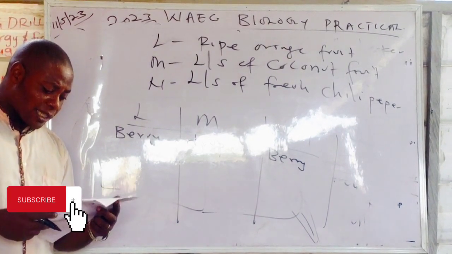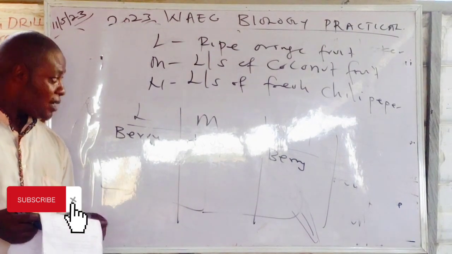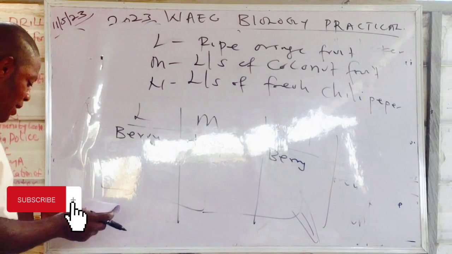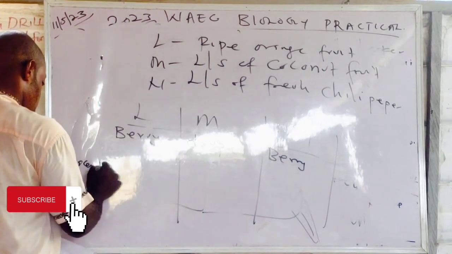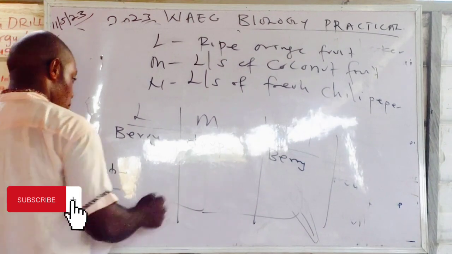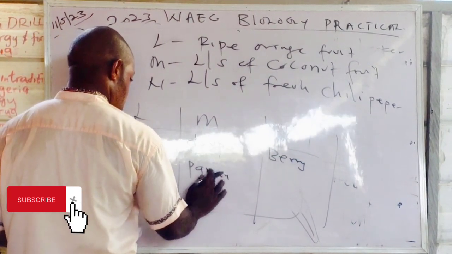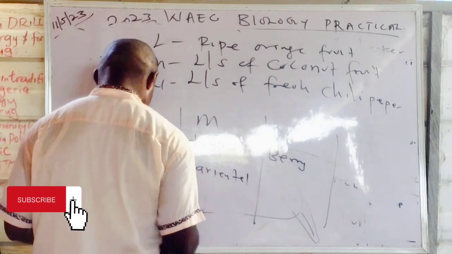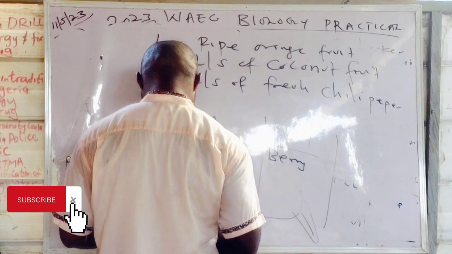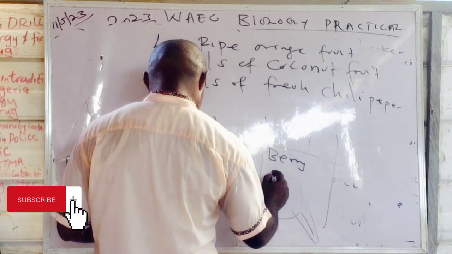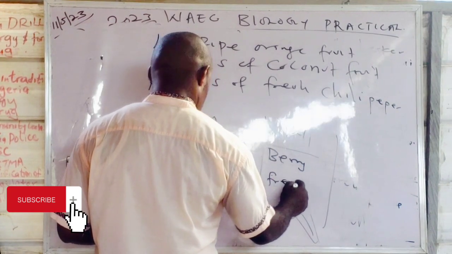Now, another thing that they will be asking again is this. What type of placentation can be found in M and L? M, we have parietal placentation. N is free central.